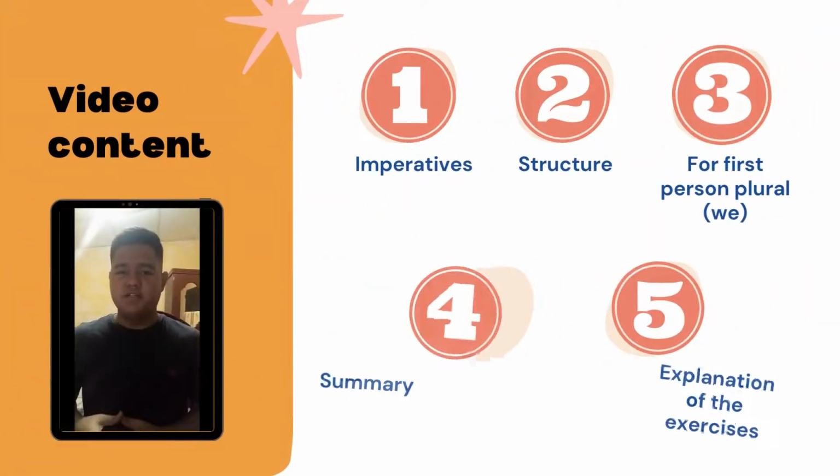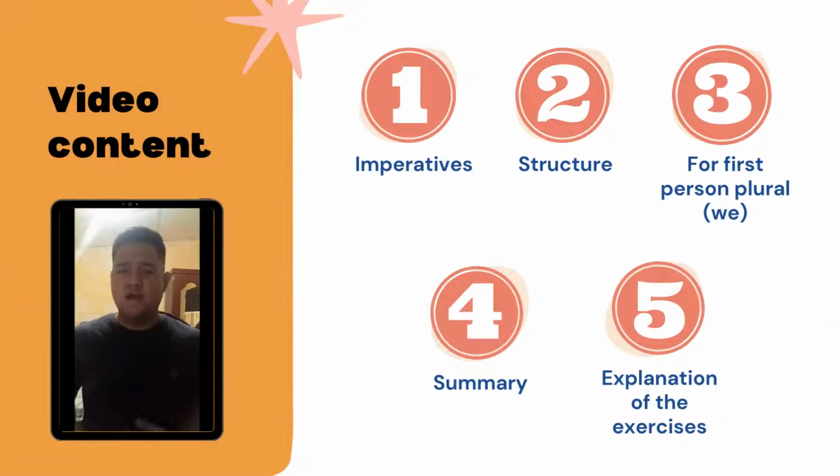For the video content, it is what the video is about, right? And it is like the agenda that we do in every class. So first we will see the imperatives, the definition, how to use them, etc., right? Then we have the structure of it, the positive, the negative, and so on.